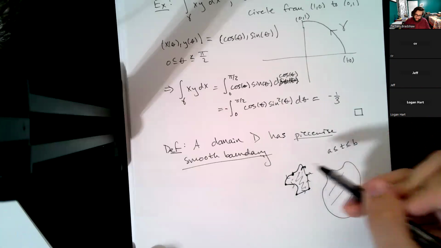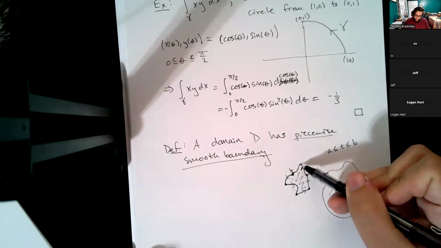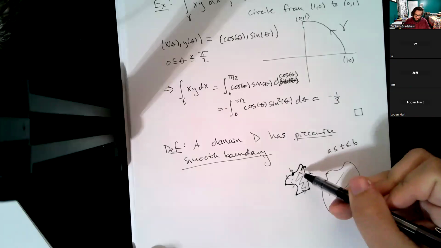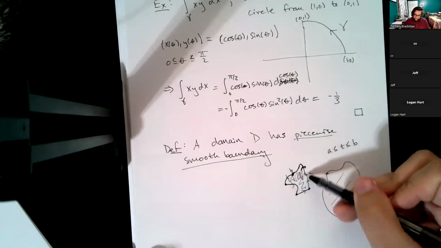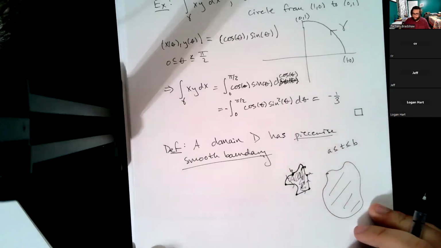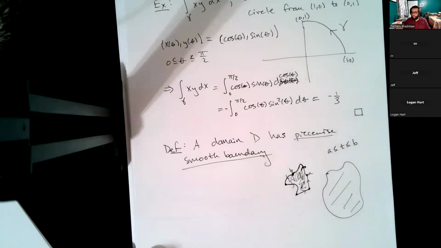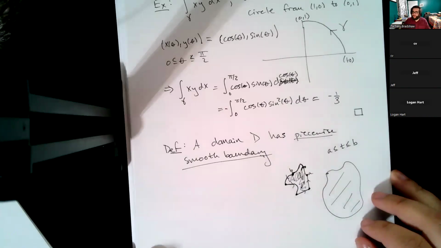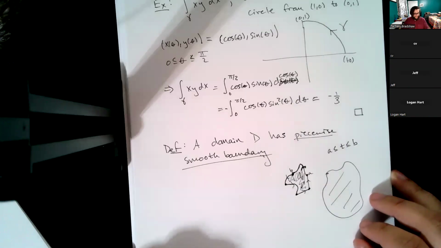So if this were A and this were B here, the curve is going this way, and so I want D to be on the left side of the curve, and so it's over here. So that's a choice we have. I've never seen anybody make the opposite choice, so we're going to go with this one.